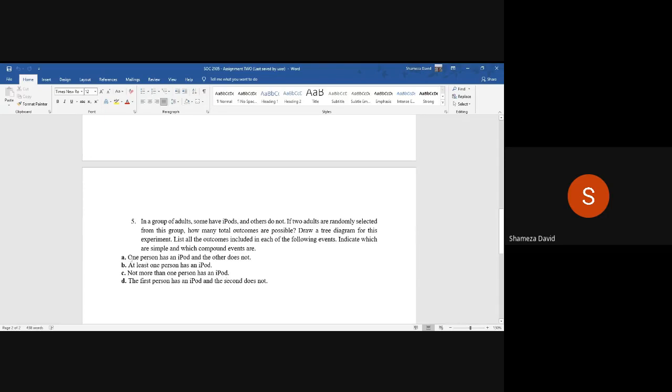Just note the difference between A and D. A is saying one person has an iPod and the other does not. It's not saying which does and which doesn't. But D is very specific. It's saying the first person has one and the second person does not. And so bear that in mind when you're asking me, because part A and part D are not asking you for the same thing.